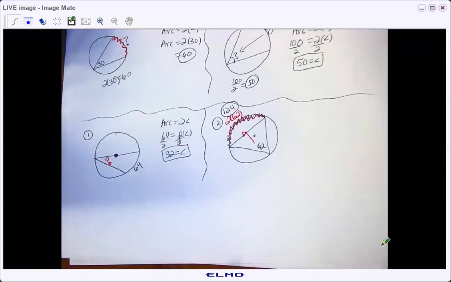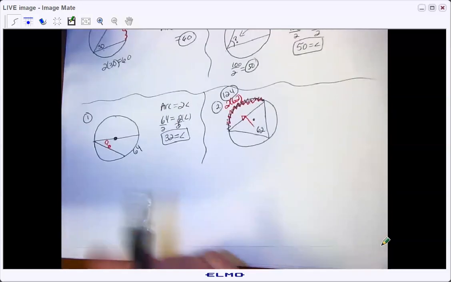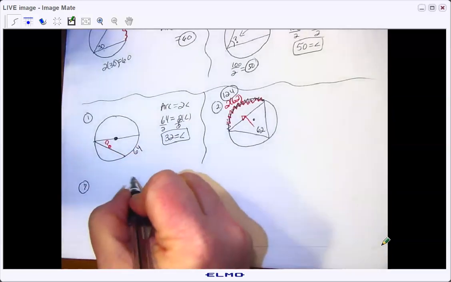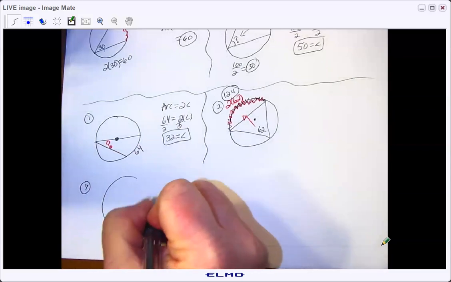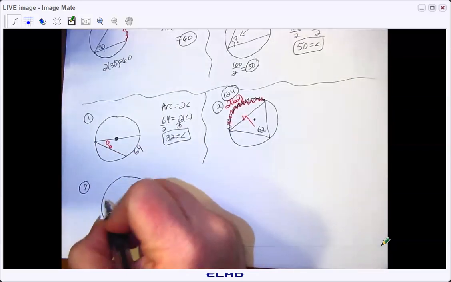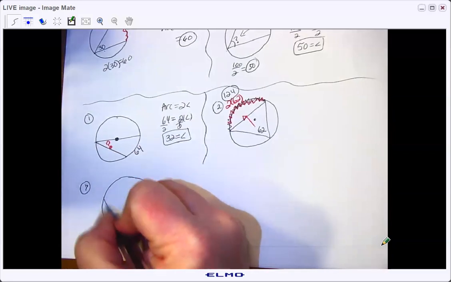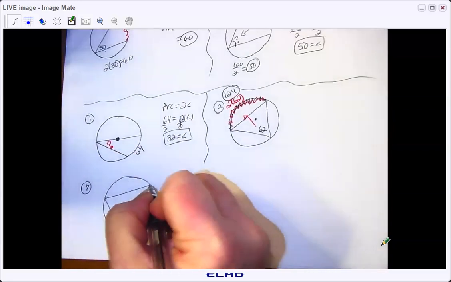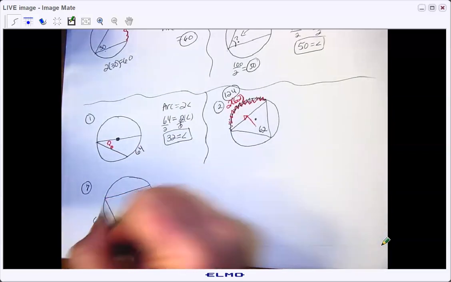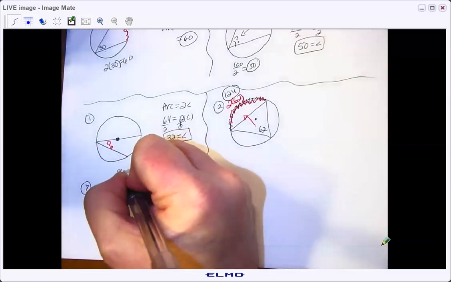Okay. So number 7. And this integrates some of the things that we were learning last week. So this arc is 65. This arc is 95.